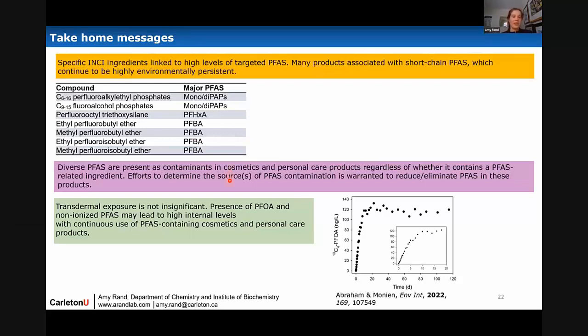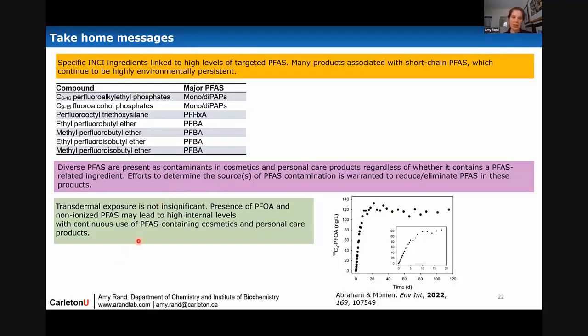We also found diverse PFAS present in these products, regardless of whether they were actually associated with a PFAS-related ingredient. So I think the next steps from this is that we should put emphasis on determining the sources of PFAS contamination in order to both reduce these PFAS as well as to generate appropriate risk management techniques.